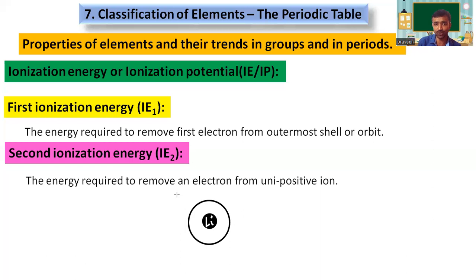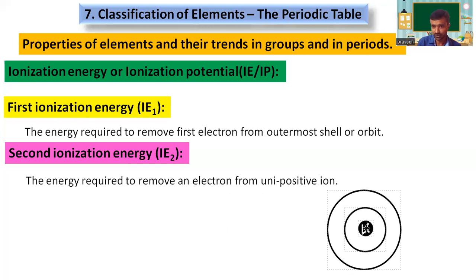So how many shells do you require? Are 2 enough? Yes, 2 are enough to distribute the electrons; you require just 2.